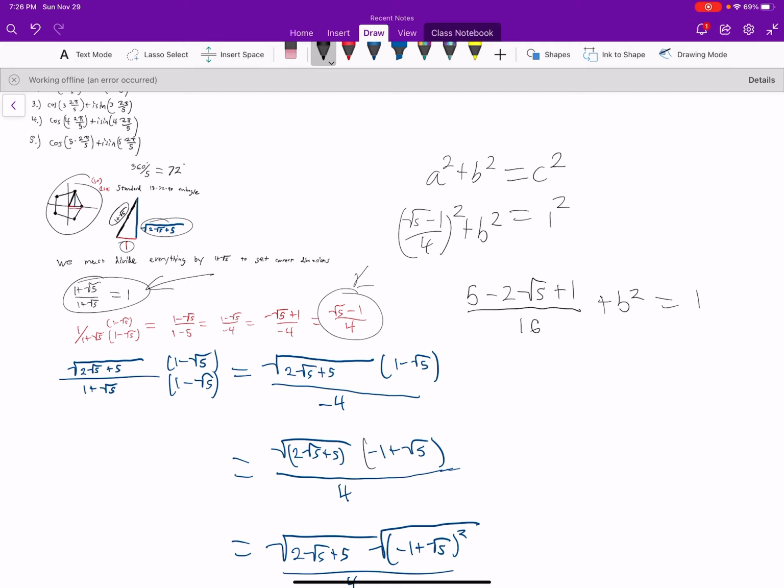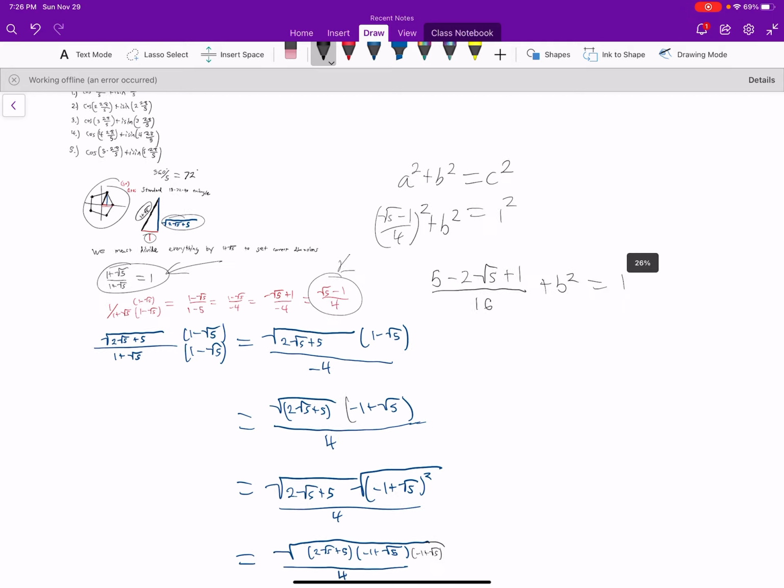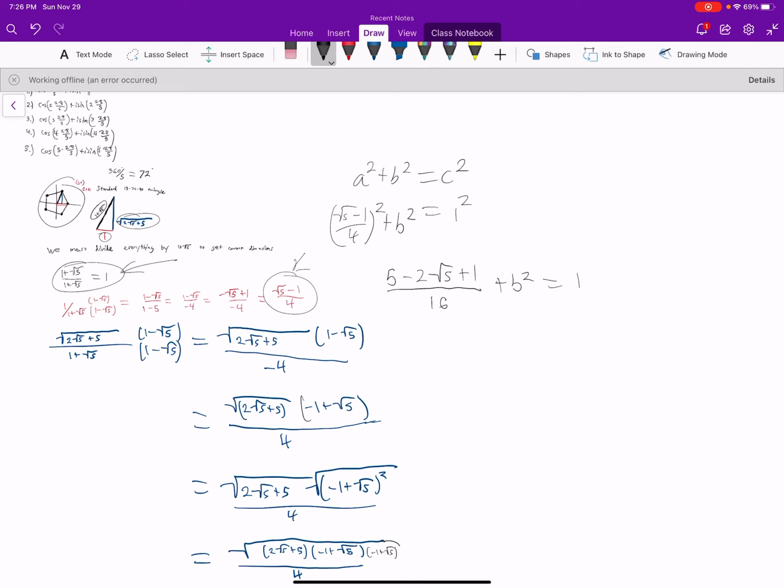All right, so I'm going to move everything over, and I get b squared equals 1 minus 5 minus, well, let's just simplify this so we know that 5 plus 1 is 6. So we end up with 6 minus 2 root 5 all over 16.